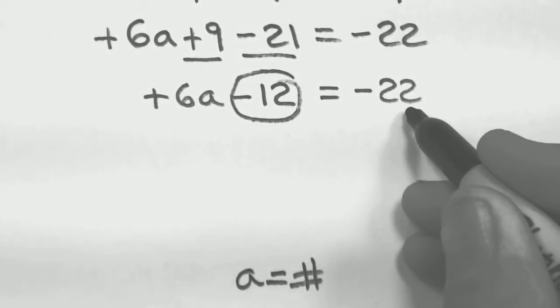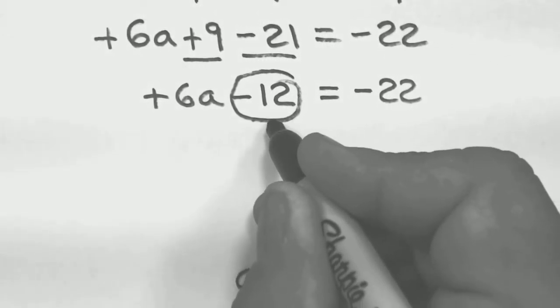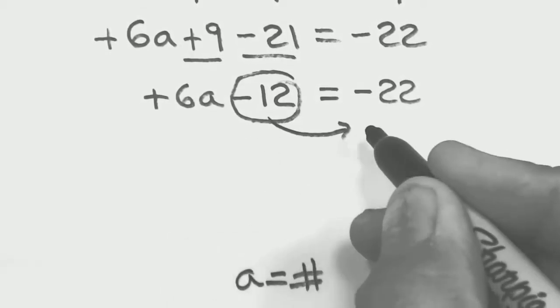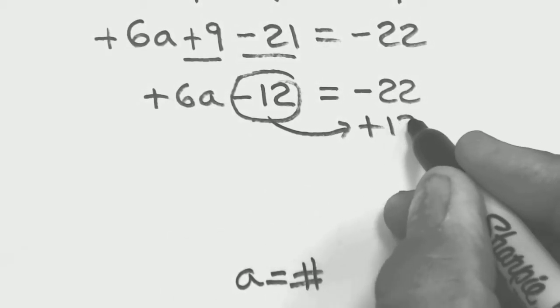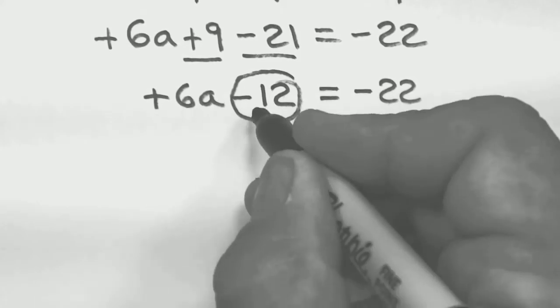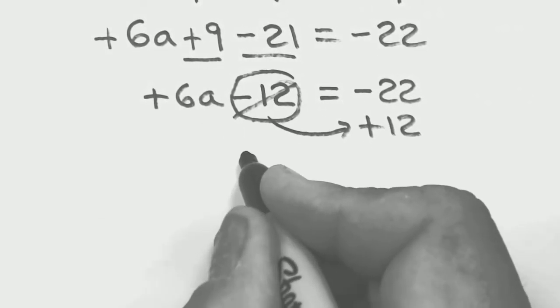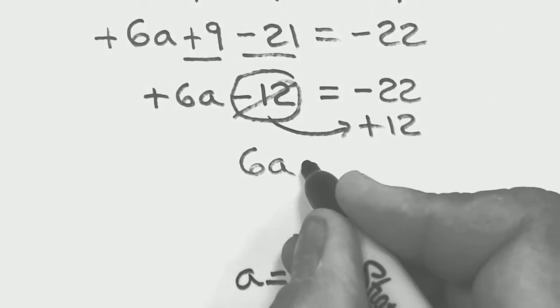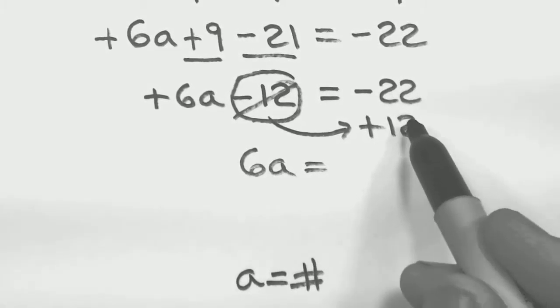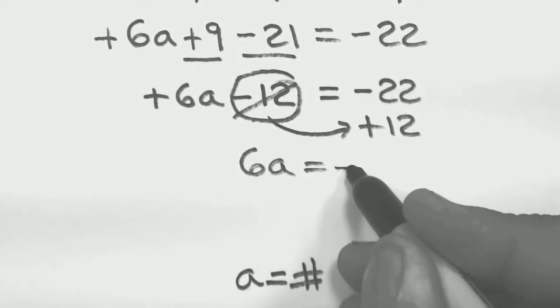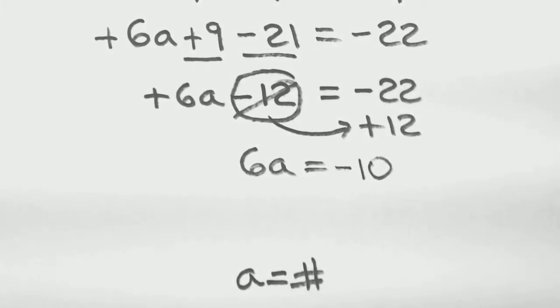The negative 22 is okay. So the only one that has to move is the negative 12. He comes over as positive 12. So he's moved. What's left on the left side is 6a. Over on the right side, negative wins by 10. So there is our answer on the right side so far, negative 10.